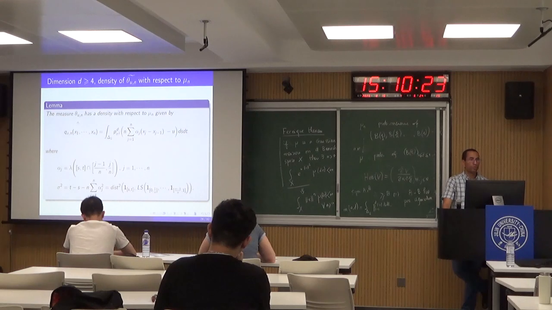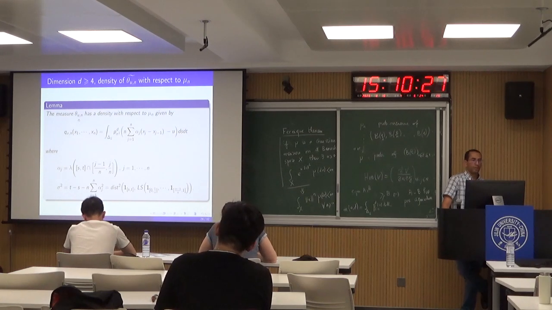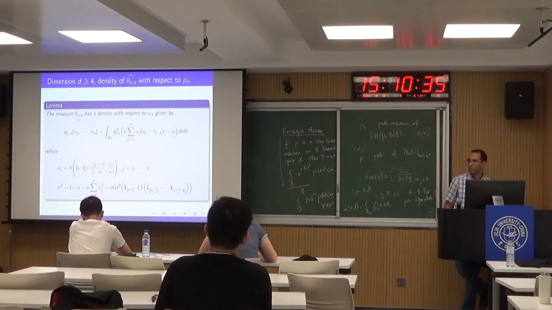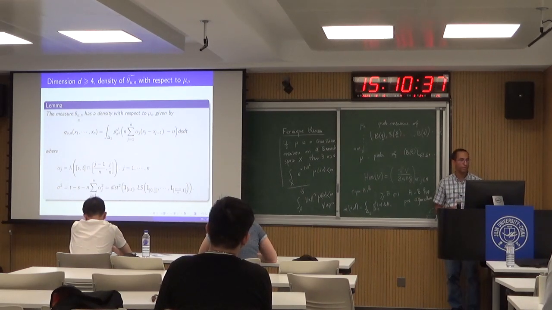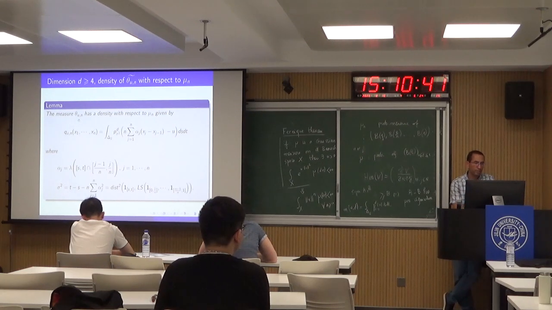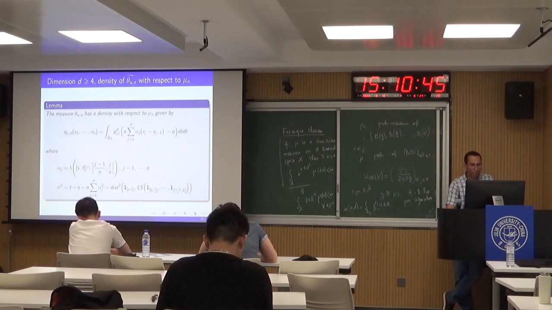Why do we look for the density of theta un with respect to mu n? Because we have the relative entropy, and we need the density of one of the measures with respect to the other. We were able to obtain this density explicitly. It has the following formula.